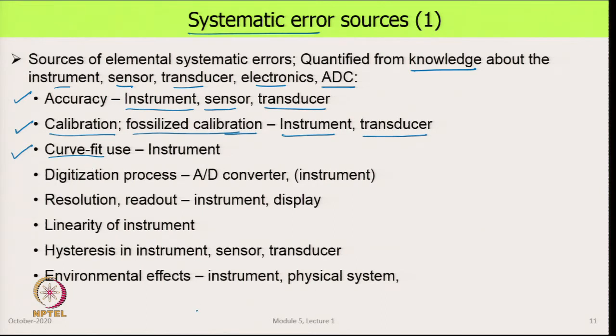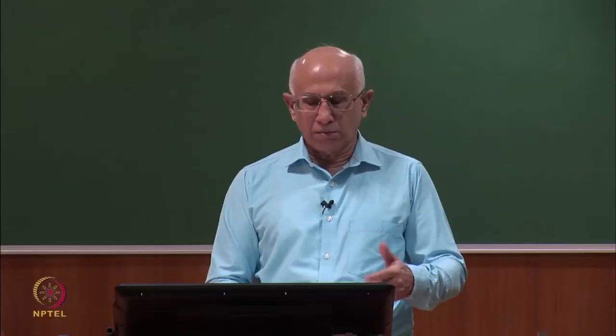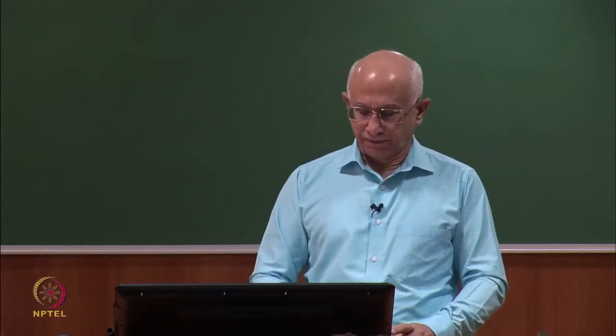And with this curve fit, we go back and when we make the measurement, we interpret the value of the dependent variable based on this curve, not on the calibration curve. So, this causes a systematic error, and this is usually associated with the instrument, and not just the instrument as we have, but the fact that we use it, get data and then make some information out of that.